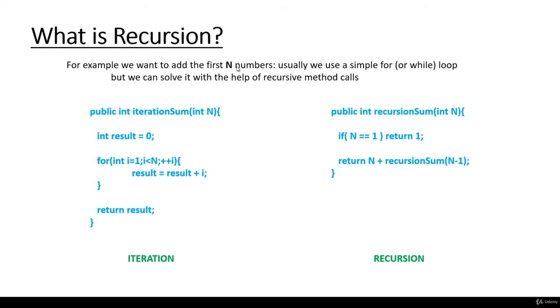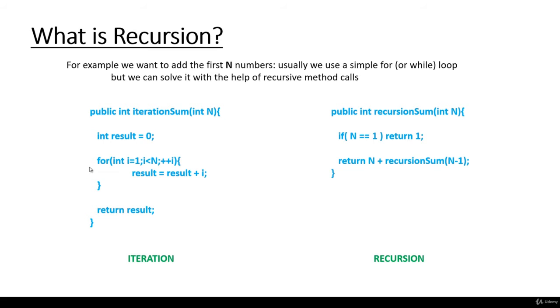If we want to add the first n integers, we can use iteration, a simple for loop basically, or we can use recursion, as you can see, where we call the same function over and over again. So let's take a look at the iterative approach. We have integer n, we define a result and initialize it to be 0.